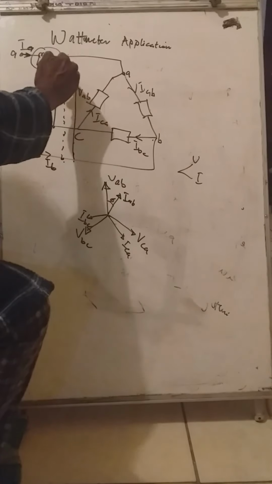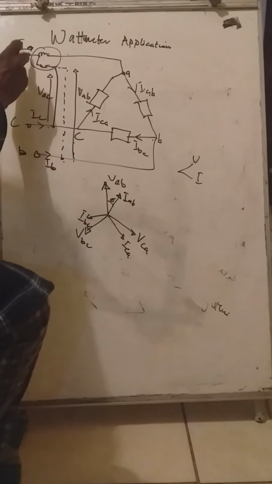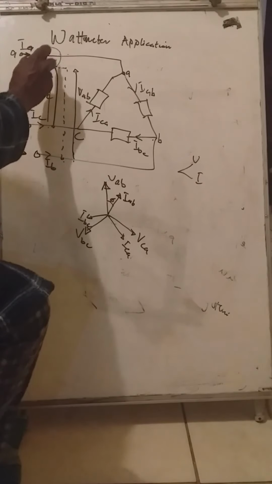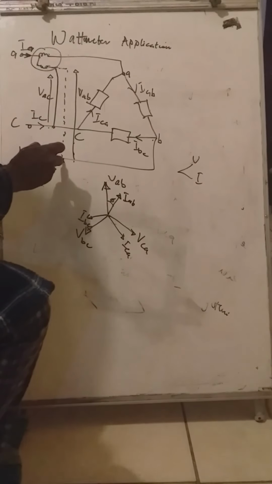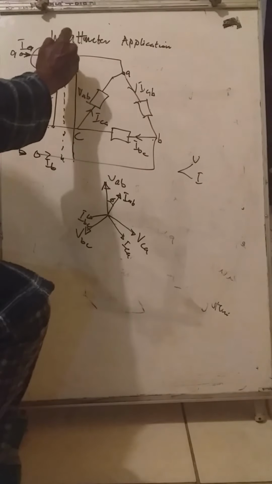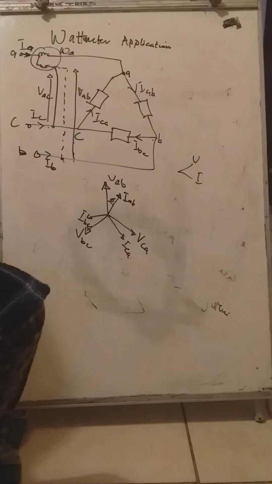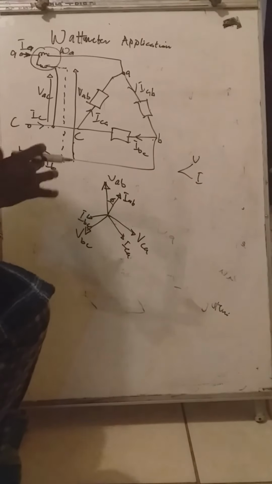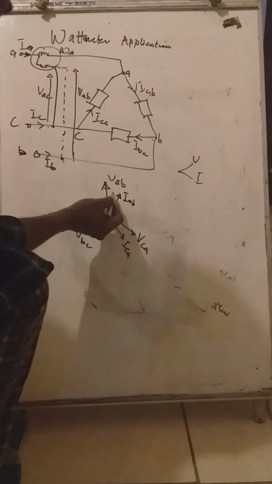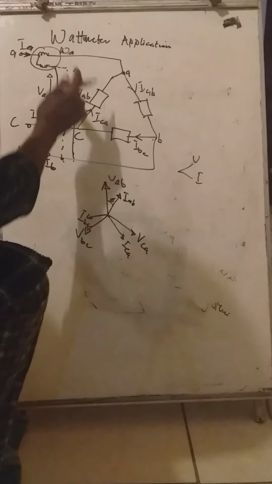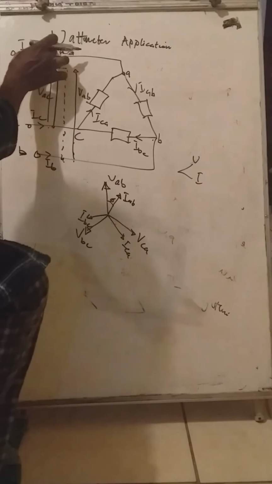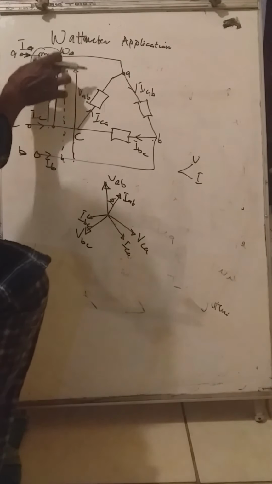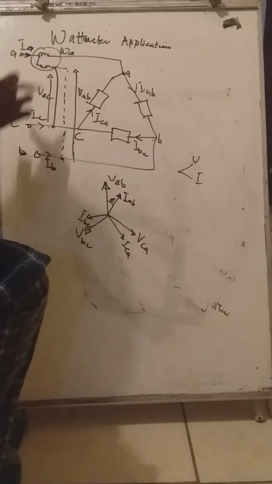But for now, we are trying to consider a situation where the current coil is connected to A, while the voltage leg is connected to B. That is, we are talking about this particular wattmeter A, because it is connected to line A, wattmeter A. So if that be the case, then the phase difference between the voltage and the current will be the phase difference between the voltage VAB on the coil, and the angle of the current coil.